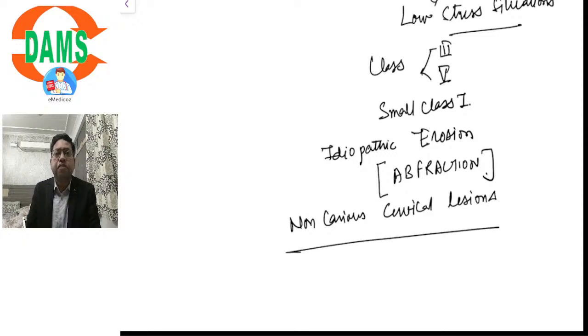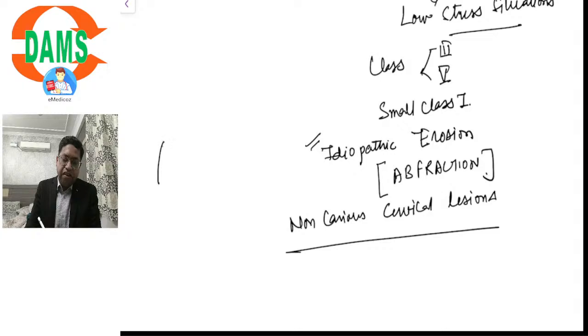These are a type of non-carious cervical lesions, means lesions which are present in the cervical area of the teeth but not due to caries. Idiopathic erosion or abfraction is one of the types of non-carious cervical lesions.